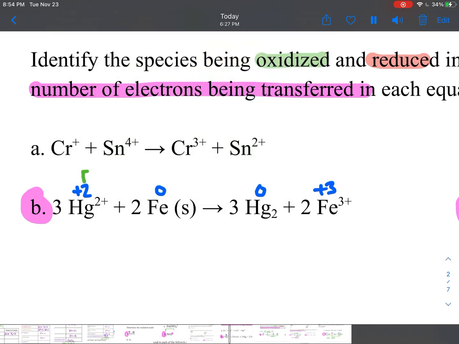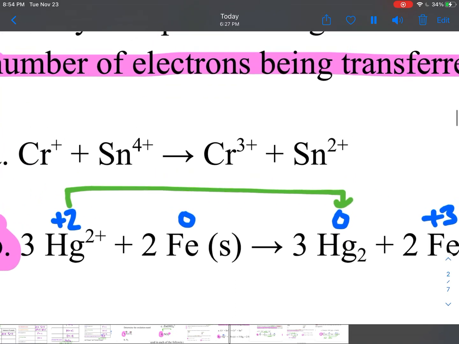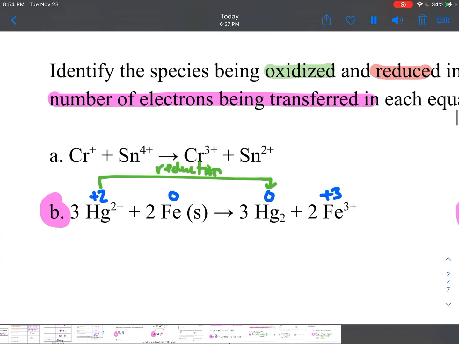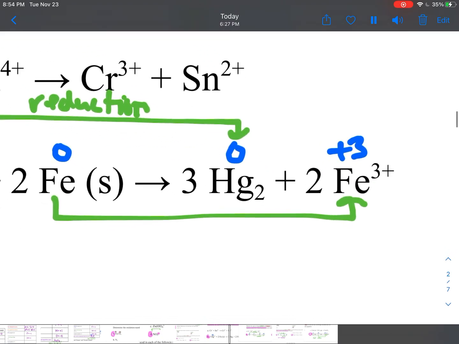If we track what's happening to mercury, it is being reduced from +2 to 0. That would be reduction. And iron is going from 0 to +3. So that is oxidation because it's losing electrons.